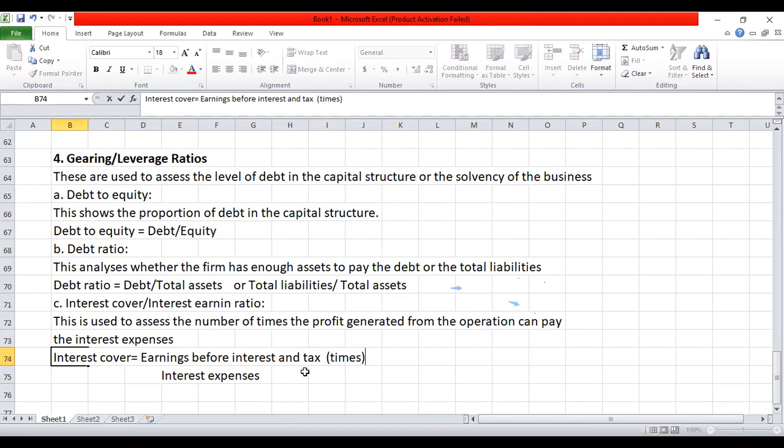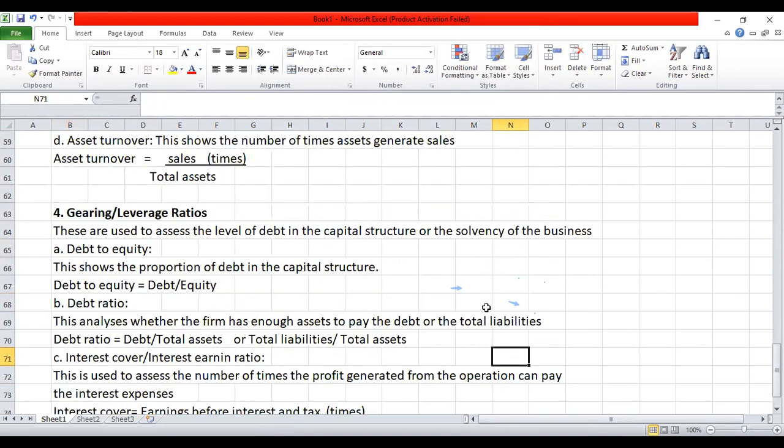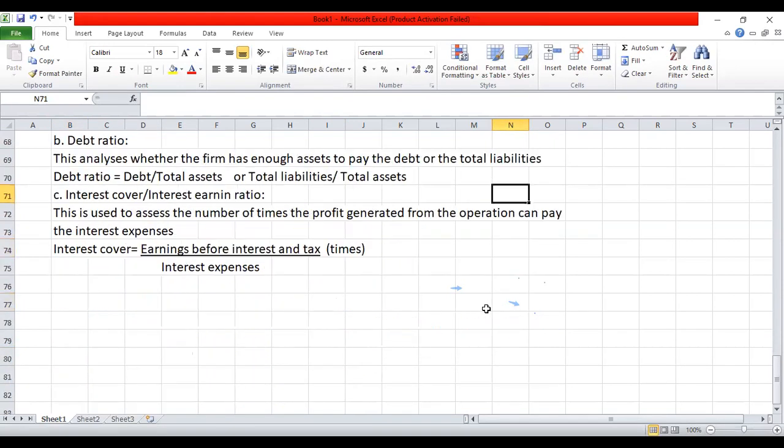The number of times your earnings before interest and tax can pay the interest expense. So that is how we assess the gearing of the business. The next one, that is category number 5, which is our last category, is what is called the market, or sometimes we call it the investors ratio.